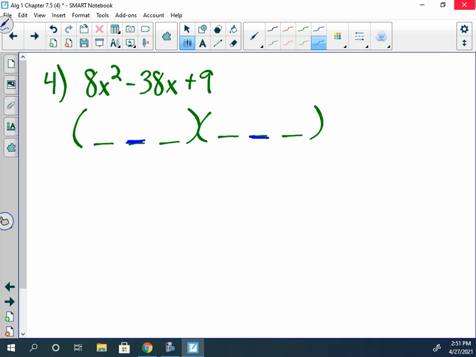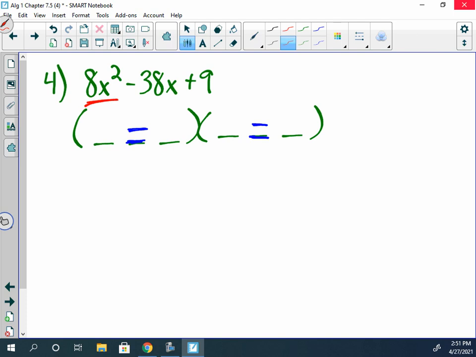So what are our signs going to be? Both negative, because our third term is positive. So the signs are the same and they match the sign of the middle term. Any questions on this so far?